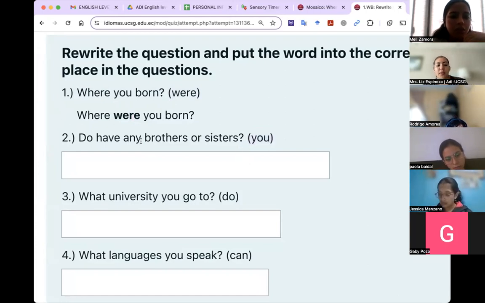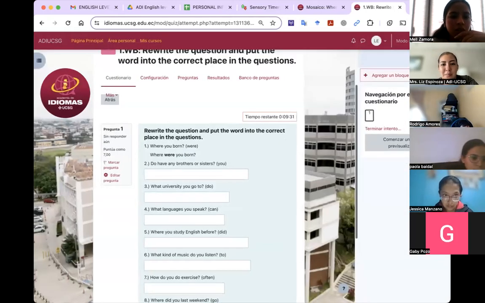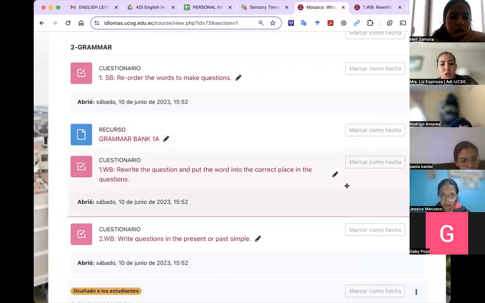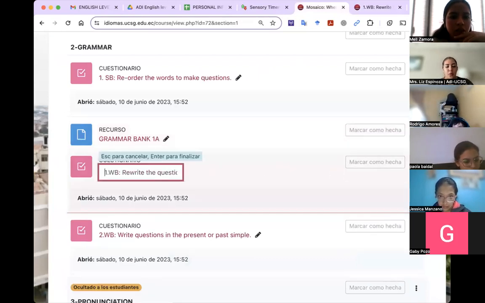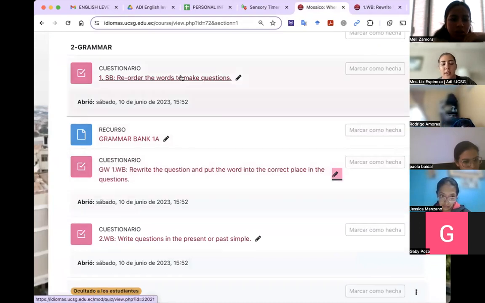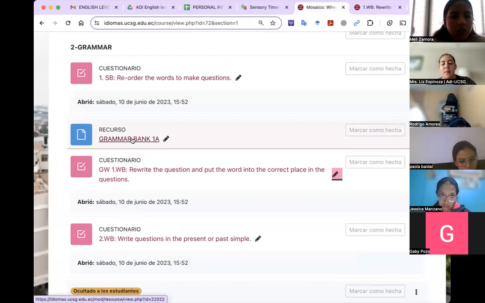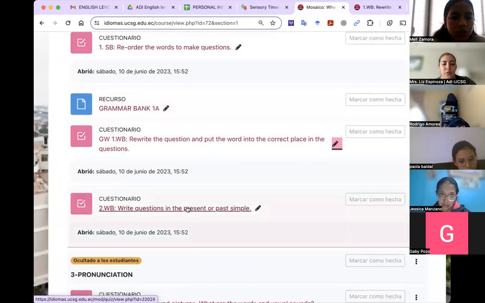That is something you are going to do with your classmates. So I'm going to put the letters GW here. So number 1, it's already completed. Number 2, Miss Lee says that you're going to do it later on, not right now. This one we're going to do together.